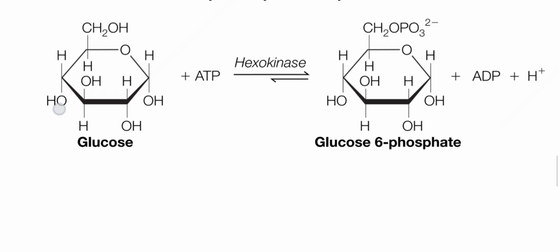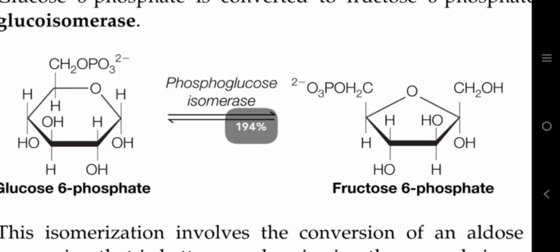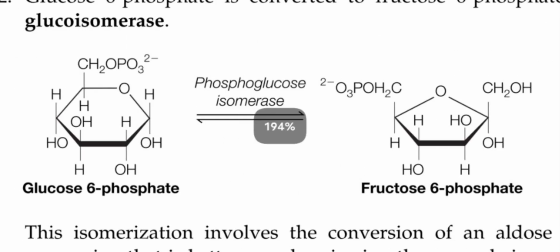This was the first step of glycolysis. The second step of glycolysis, in which glucose 6 phosphate is converted into fructose 6 phosphate, is an isomerization reaction, and this reaction is catalyzed by phosphoglucose isomerase. We cannot appreciate this reaction from the ring structures well.